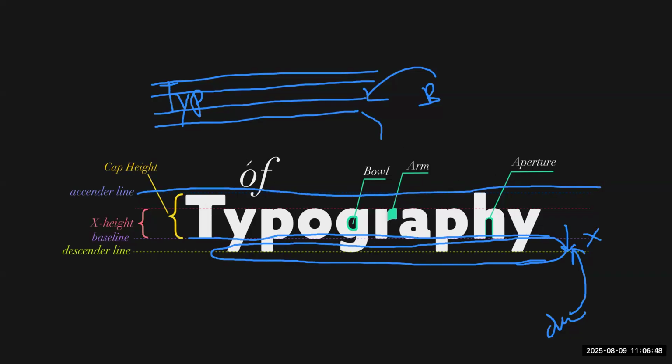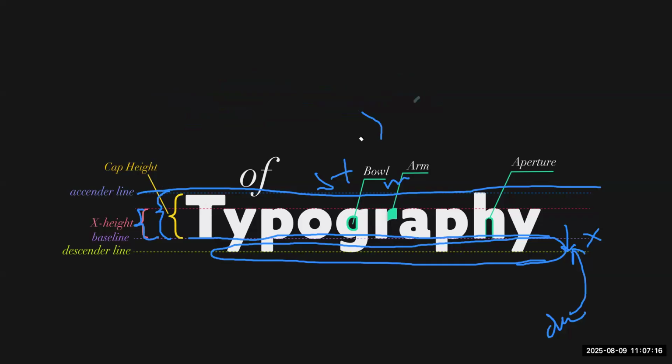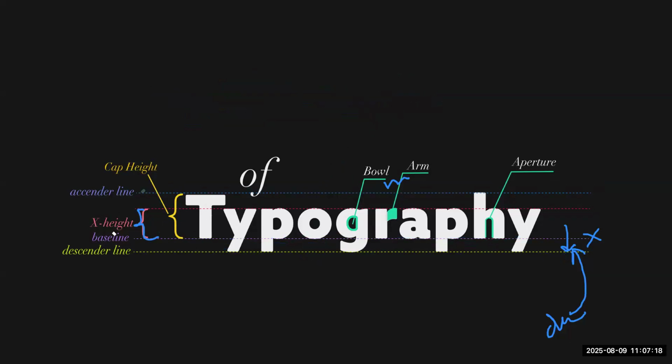But as we are writing first, second, 1st of August, those are in this ascender line, right? This height we call X height, and this height we call cap height. Understood? You have to remember this theory.